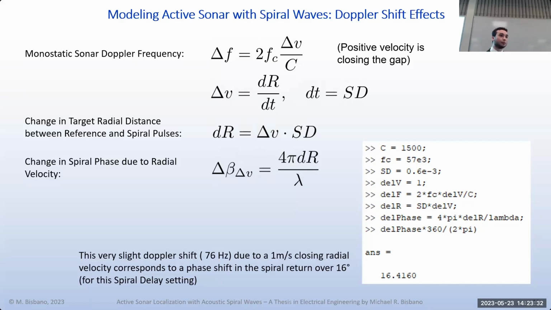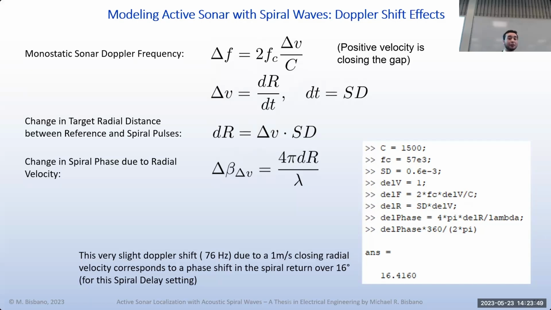If it's a torpedo or something, it's moving much faster than that. The center frequency is 57 kilohertz, with a spiral delay of 0.6 milliseconds. That's the delay between the omni pulse and the spiral pulse.